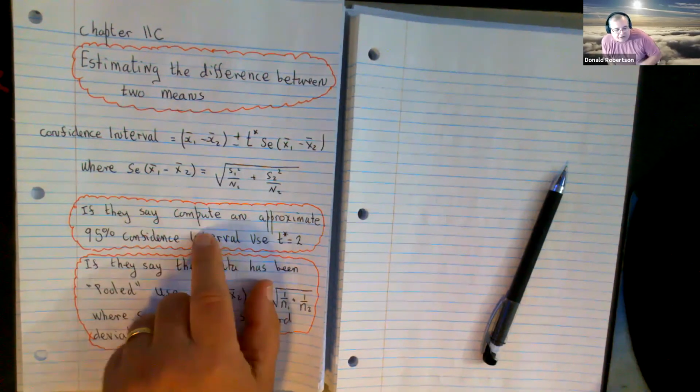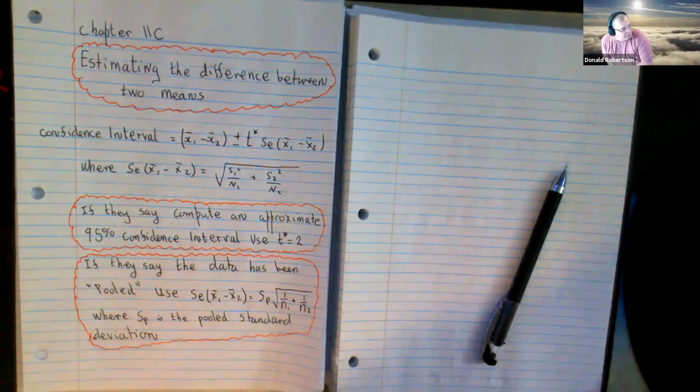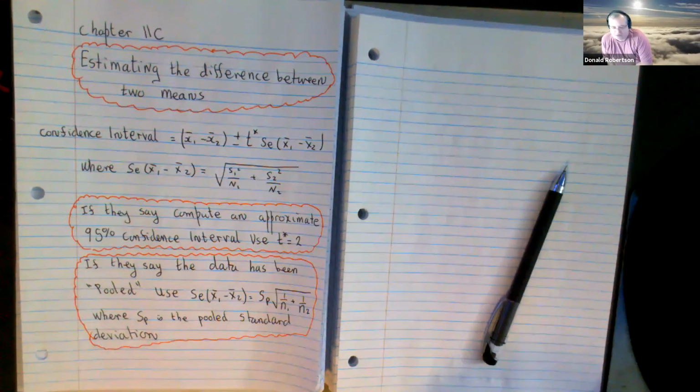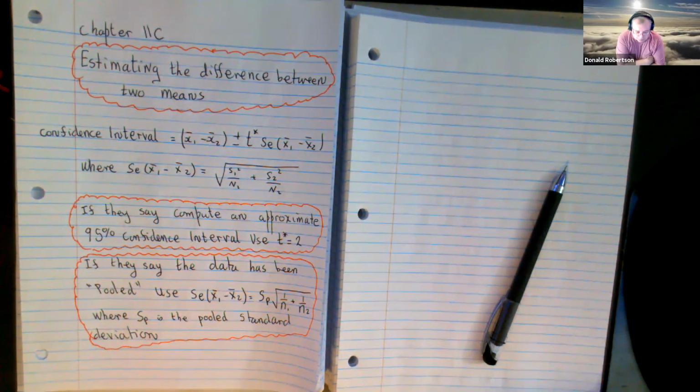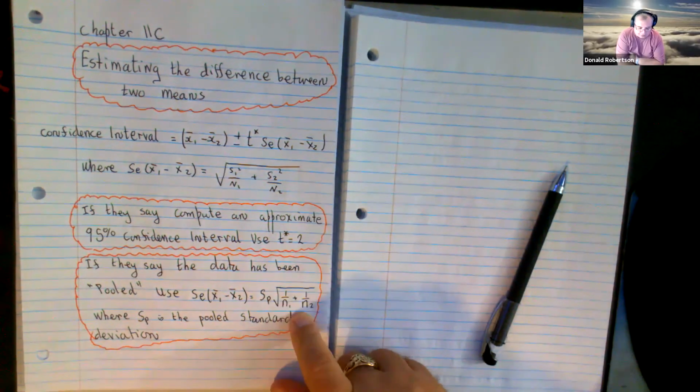Now, if they ask you to compute an approximate one, you'll use 2. If the data is large, won't you use the 1.96 or the 2.58, depending on what we've got? Now, the last thing is, they didn't, or at least I don't think they did, ever ask you to do it, but if they say the data has been pooled, then the standard error of the difference is S_p times this ugly square root.